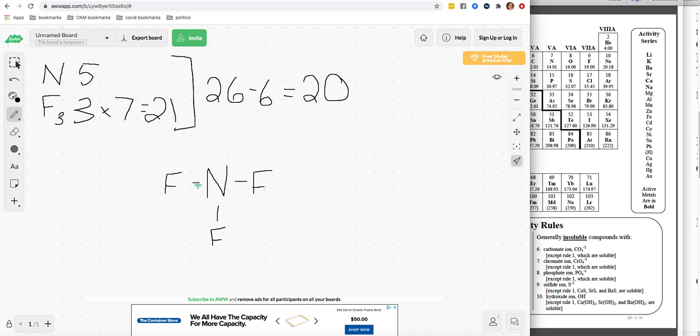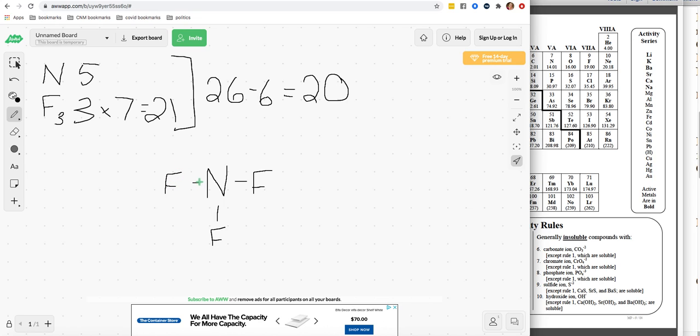The easiest way to do that is start putting them on the atoms that are on the outside instead of starting with the central one. And again, like we did with the F2, we're just going to add electrons until each of these fluorines has 8. But they're all starting out with 2 shared electrons from the bond.